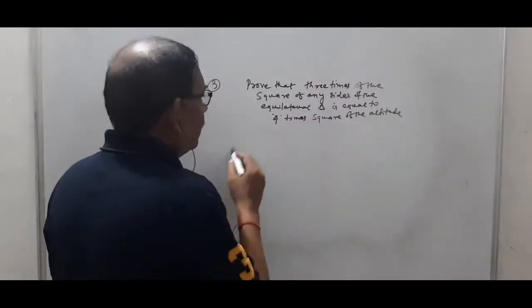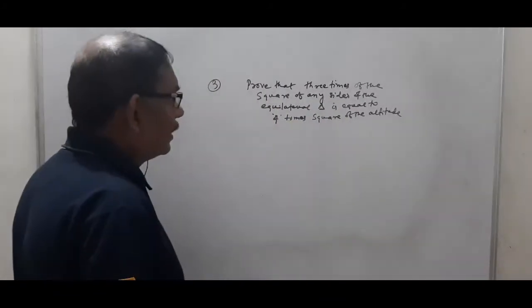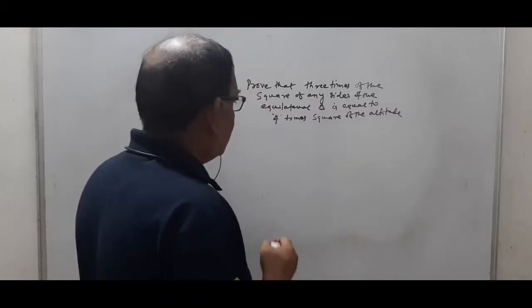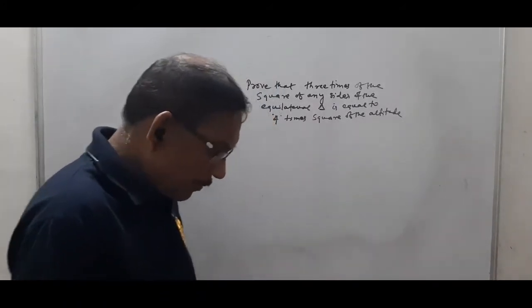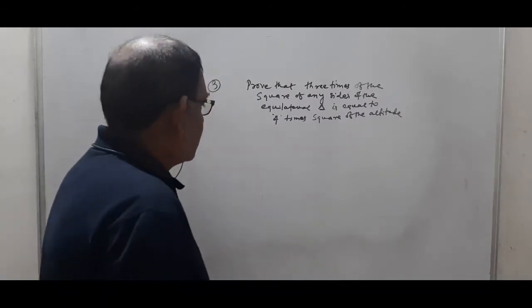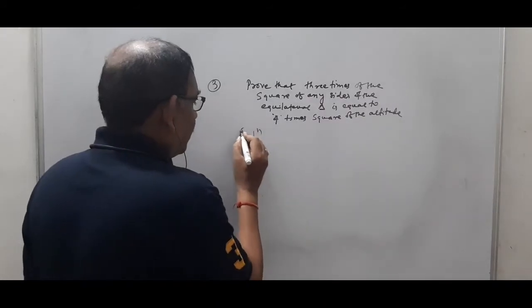Next, take another example. Prove that 3 times the square of any side of the equilateral triangle is equal to 4 times the square of the altitude. Okay. It is a solution.